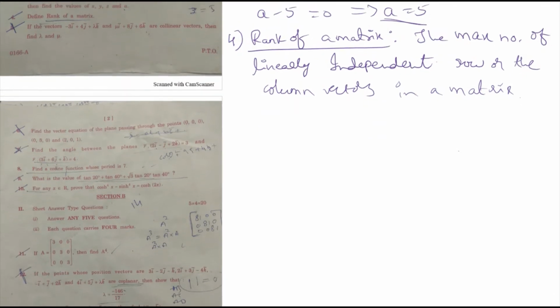Next is the fifth one. If the vectors are collinear vectors, then find lambda and mu. So given two vectors, let's say a bar equals minus 3 into i bar plus 4 into j bar plus lambda into k bar, and b bar is given as mu i plus 8j plus 6k.